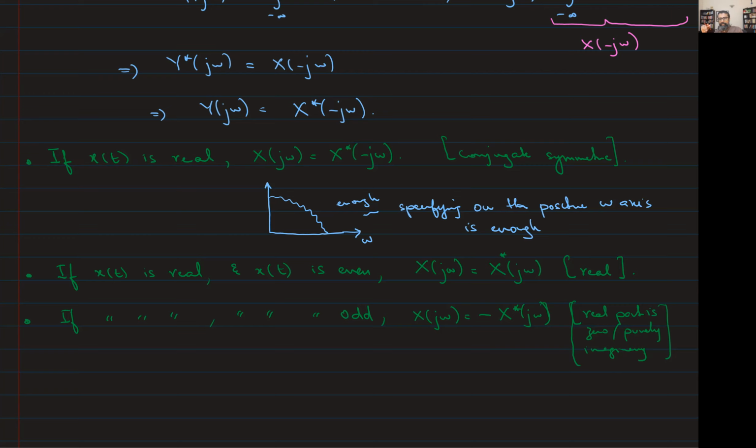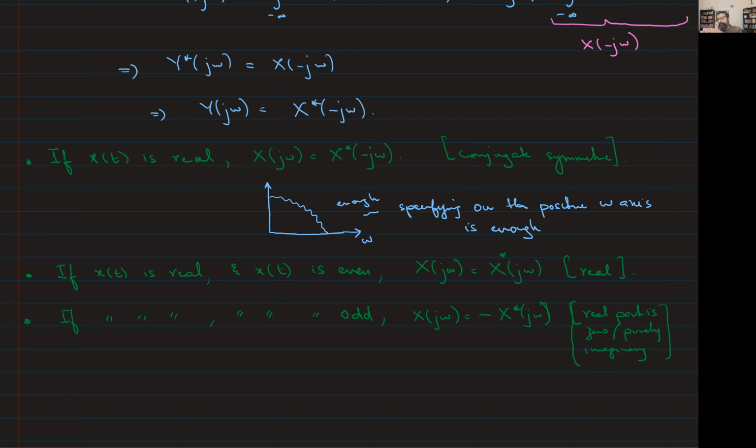The answer is no, just like we discussed on the discussion board as well. But what is necessary is that the time domain signal would actually be conjugate symmetric. Real and even signals are a subclass of conjugate symmetric signals.